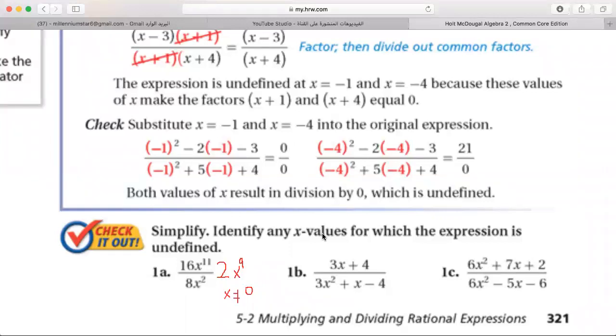Okay, example 1b. The numerator is already factored, so I will factor the denominator. I will write it down here: 3x plus 4 and x minus 1.